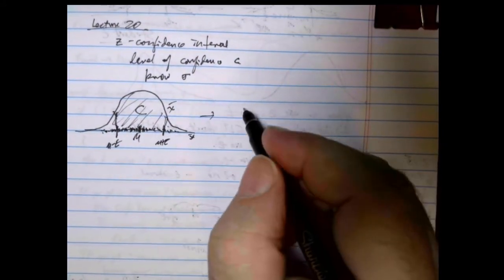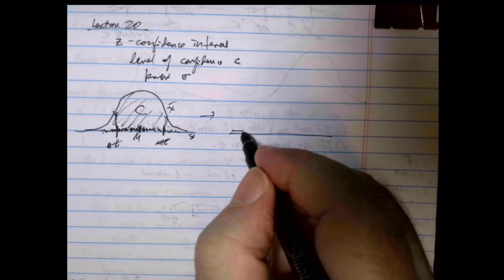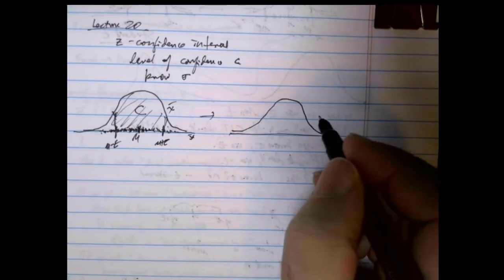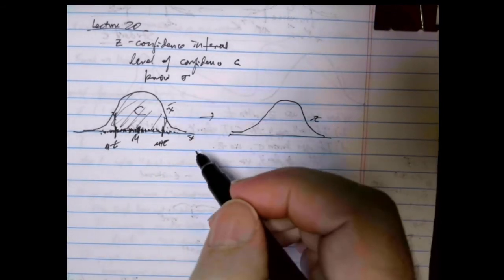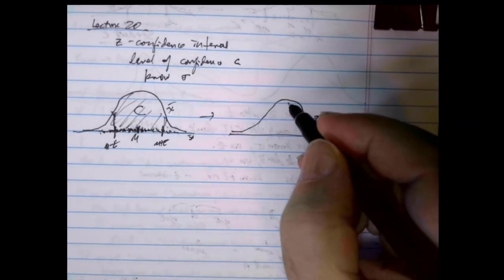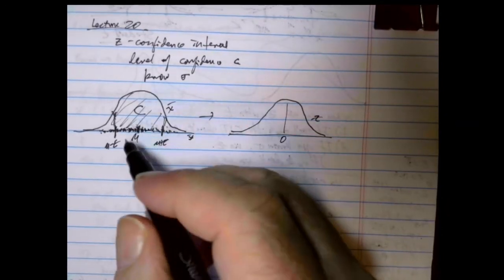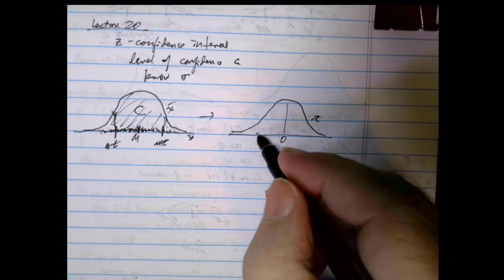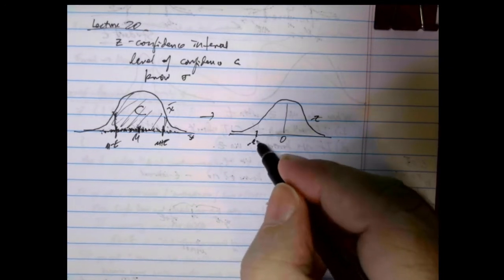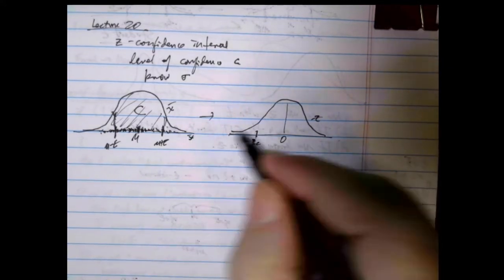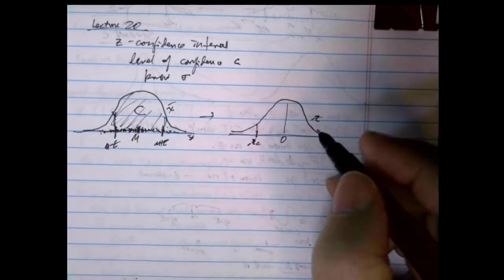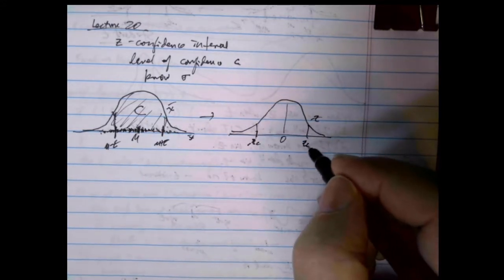So what we did is we transformed these things over to the z-axis. The mean comes over as 0, of course, in that transformation. Mu minus E is going to come over as some number, we called it minus z sub c, and mu plus E comes over as some number z sub c.